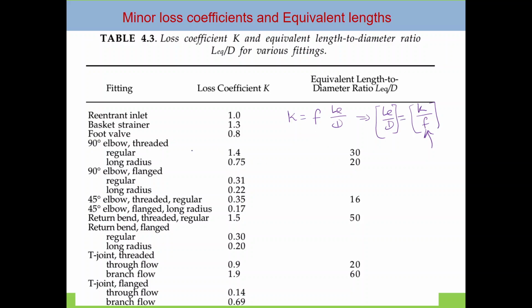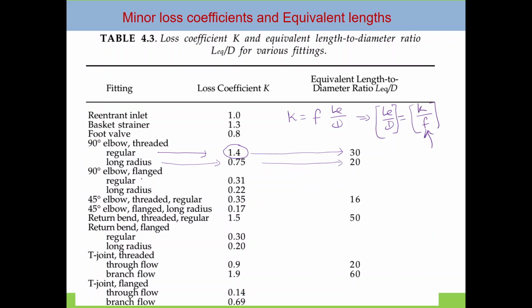For some kinds of fittings, like the 90-degree elbow, the loss coefficient was 1.4. This can be written as LE over D being 30. And if it is a long radius elbow, then LE over D would be 20.